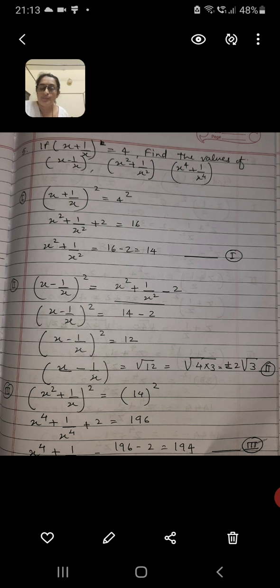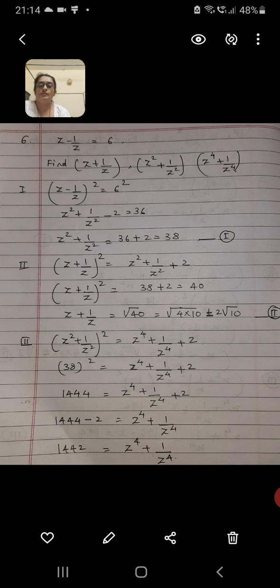So when you open the bracket, when you use the identity, that gives you x raised to 4 plus 1 upon x raised to 4 plus 2, and 14 square is 196. Plus 2 will go to the right hand side and that gives you 194. So x raised to 4 plus 1 upon x raised to 4 value is 194.